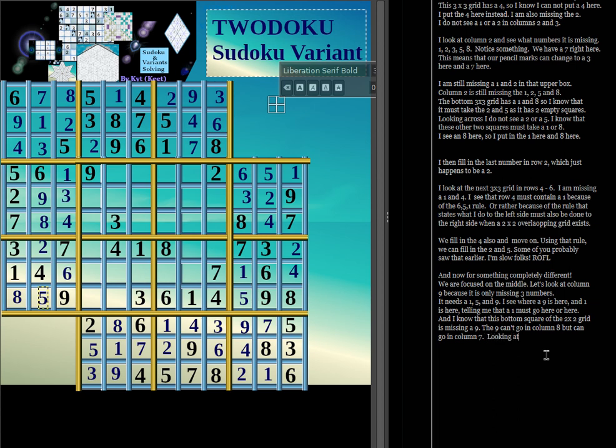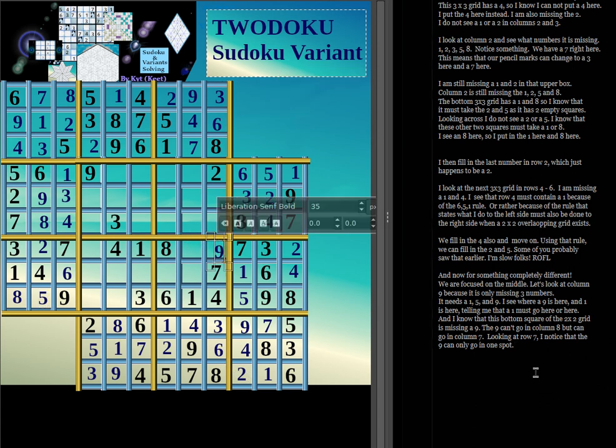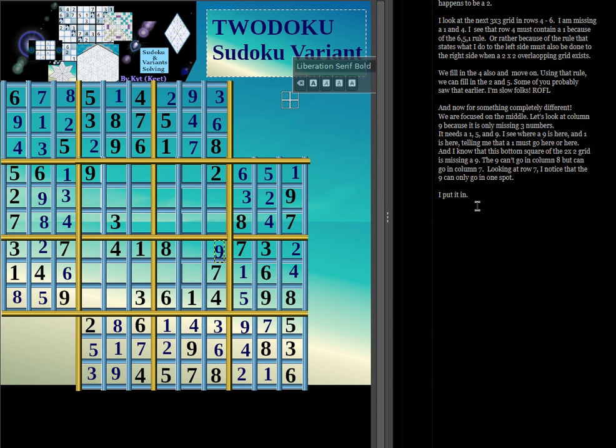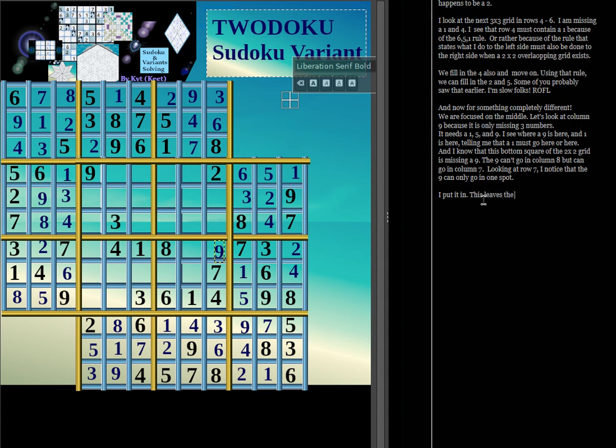Now looking at row 7, I notice that the 9 can only go in one spot. I put it in. This leaves the 1 and 5 left.